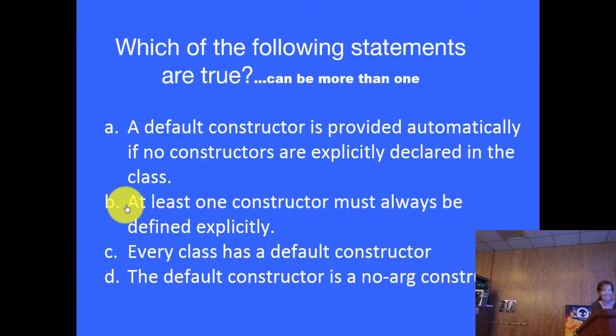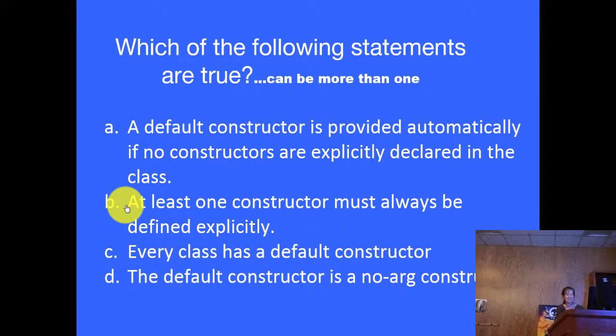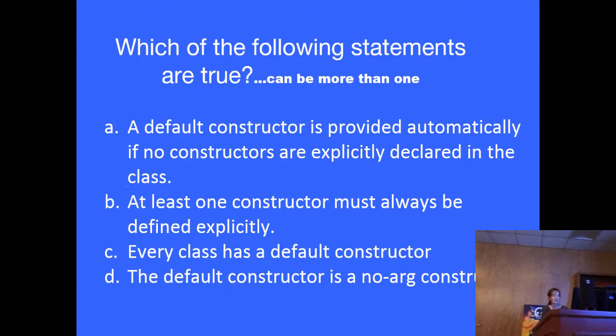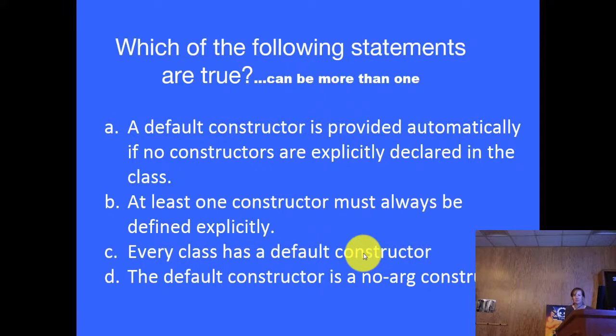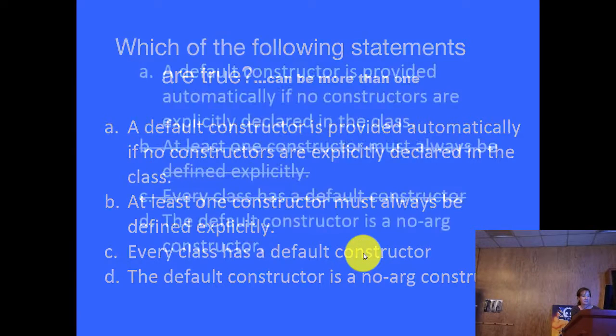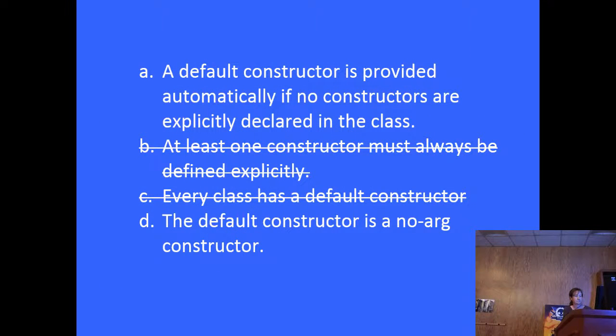That was a 3-pointer. You got one wrong. Note that with this one, every class does have a default constructor, unless you make a constructor that's not the default, then it won't make it for you. Okay? And you had the other one as false.